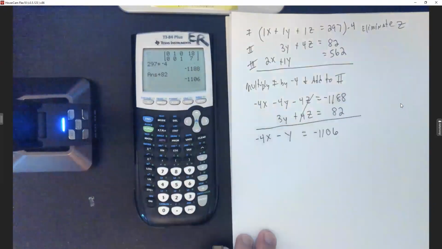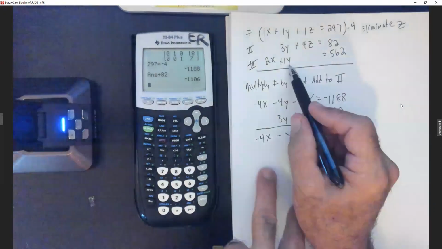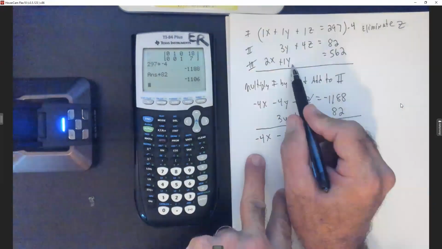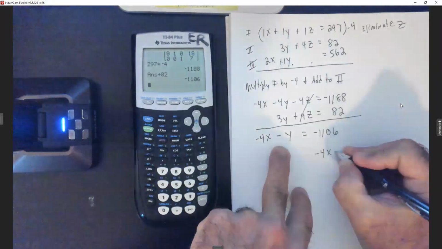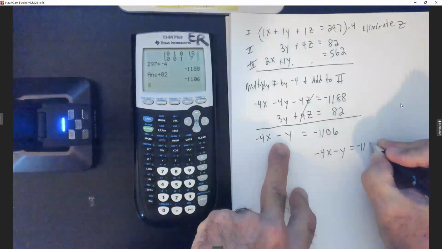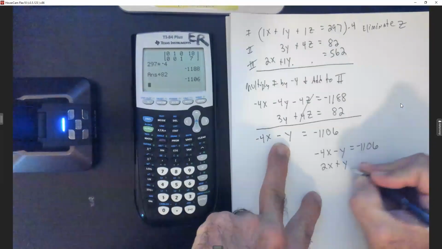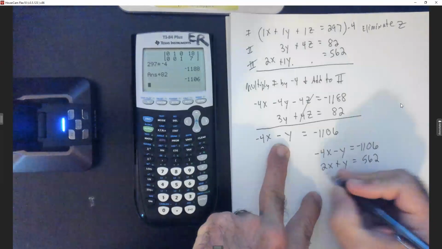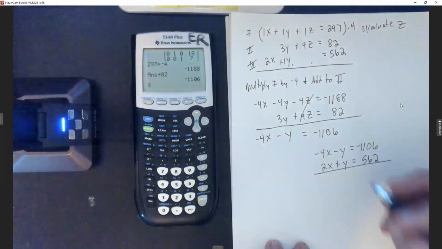All right, so notice I now have to use row 3, but row 3 already has a z gone. So my next system will be this: negative 4x minus y equals negative 1,106, and 2x plus y equals 562. Now, what I like about this that was nice, those y's automatically are canceling.